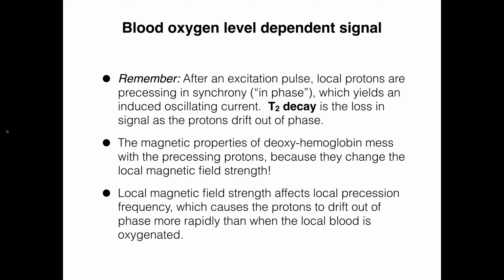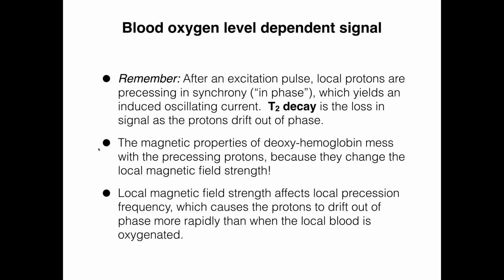So you have these little magnetic molecules of deoxyhemoglobin, and like we said, the Larmor frequency determines the rate at which protons precess. And so if you've got a tiny little magnet next to some of those protons, it's going to change the rate at which they precess, and they're going to get out of sync with all the other protons, and they're not going to give as nice a signal.